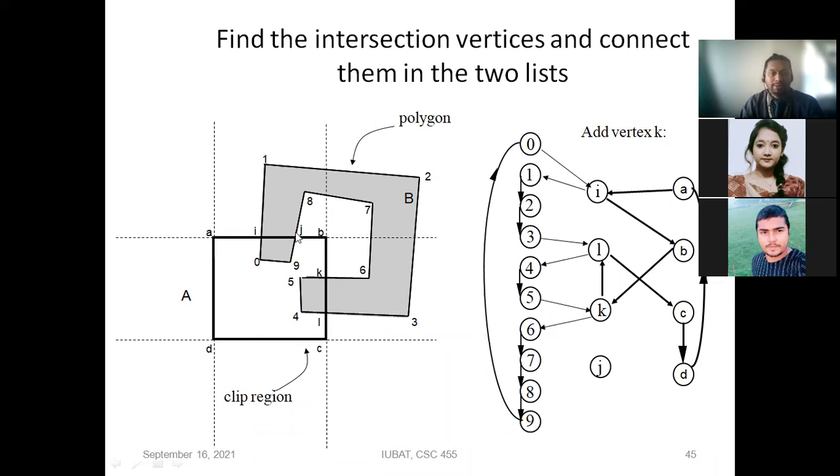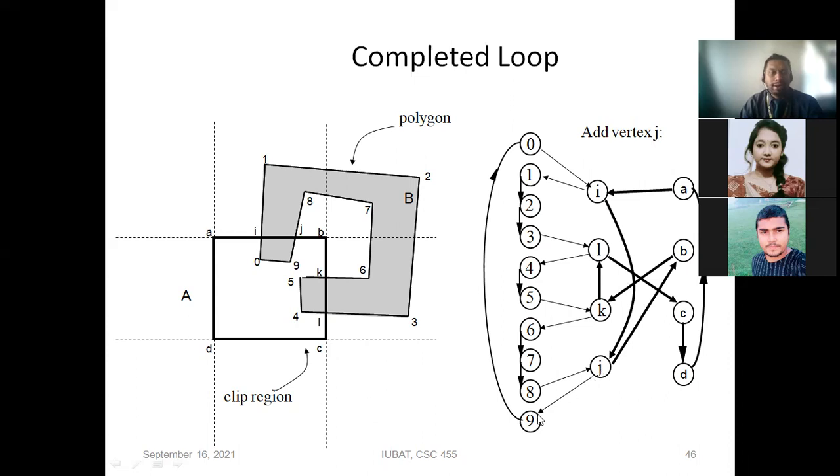And finally J. For adding J, we know it has to come from 8 to J, and J to 9.